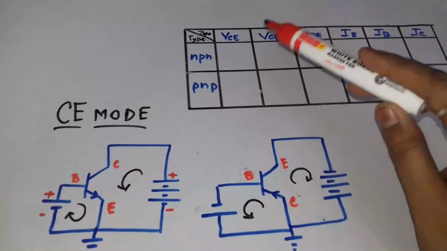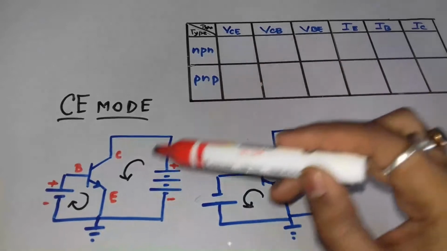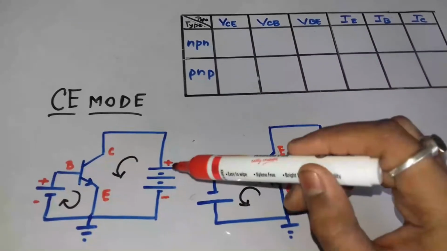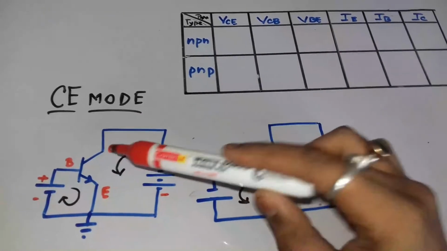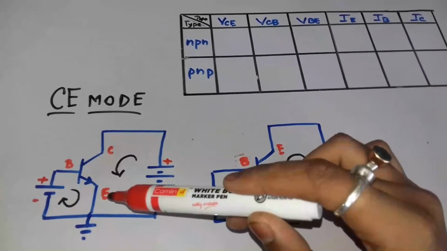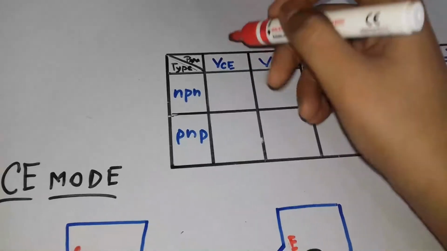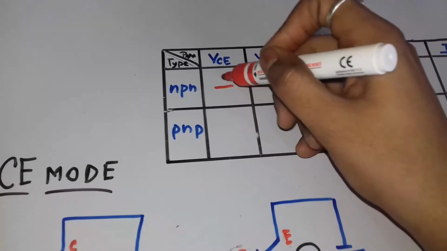In this case the VCE means the potential between these two. Now the plus is connected to C and minus is connected to E, so C is at a greater potential than E, so VCE is positive. So we will write a plus here.